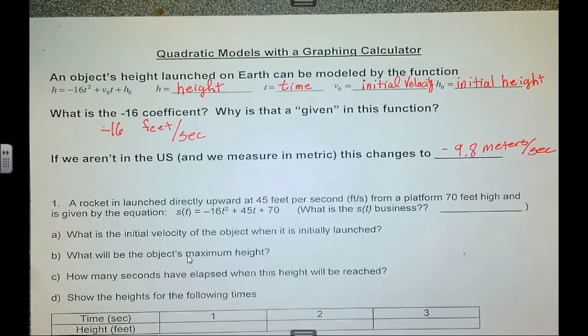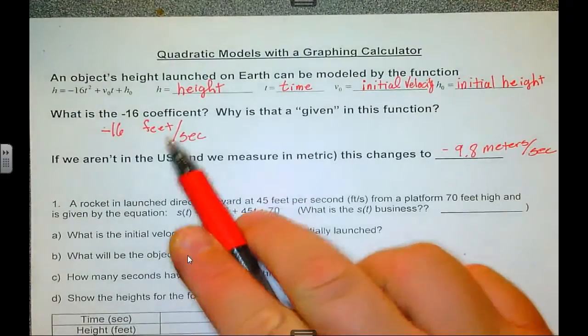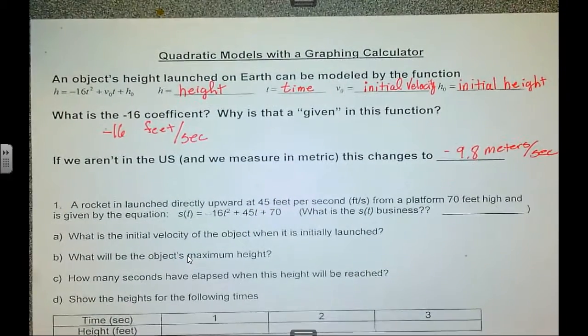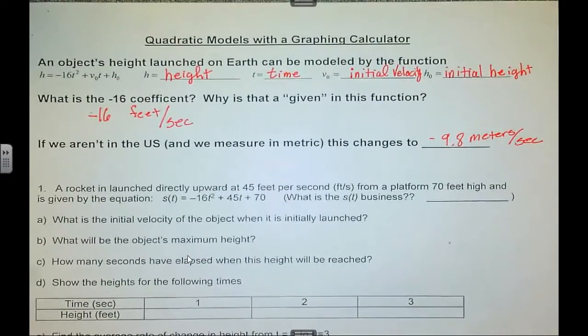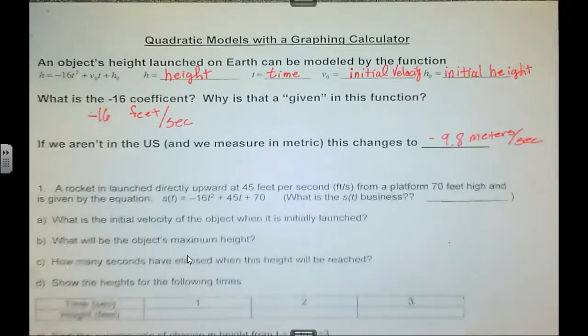We're the only country in the world that uses standard feet. Why we haven't switched, I don't know. Ask your science teacher. Metric system is base 10. It's so much easier. Everything is divisible by 10.